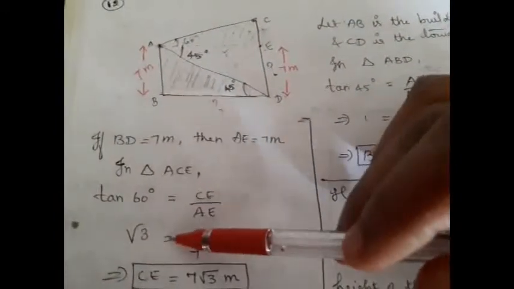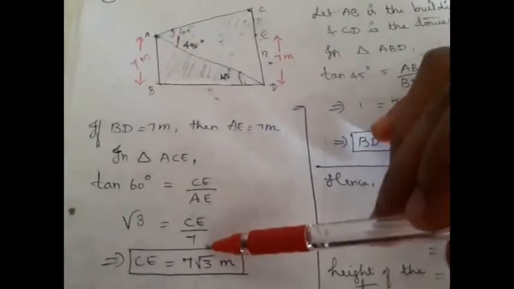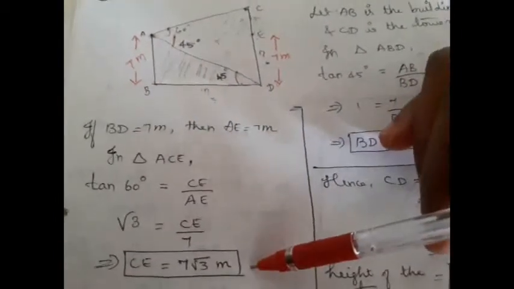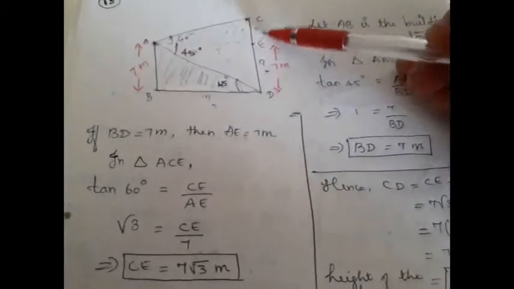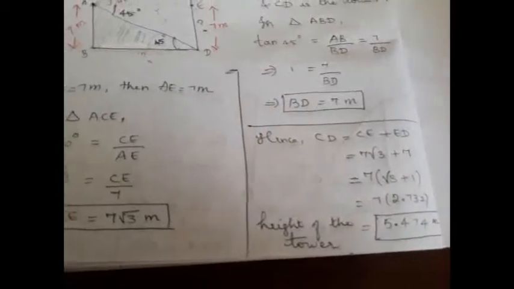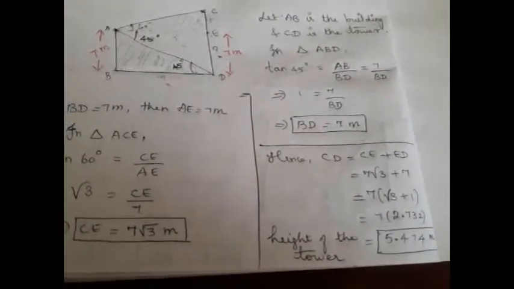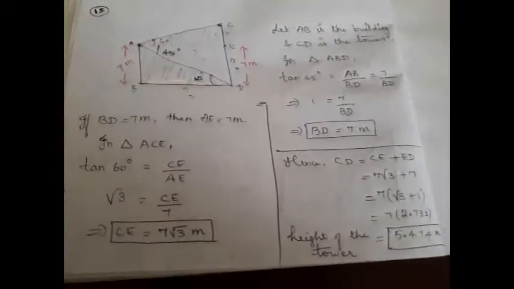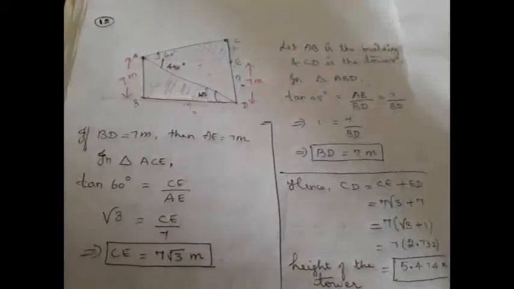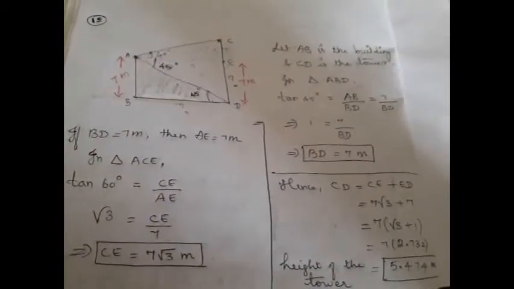Tan 60 is root 3. So CE divided by AE measurement, which is 7, so CE we got 7 root 3. Right? Once we know what is CE measurement, we can add these two. So if we add these two, that will give you the height of the tower. Hence the problem. Right? Hope you understood. Let us move on to our next question now.